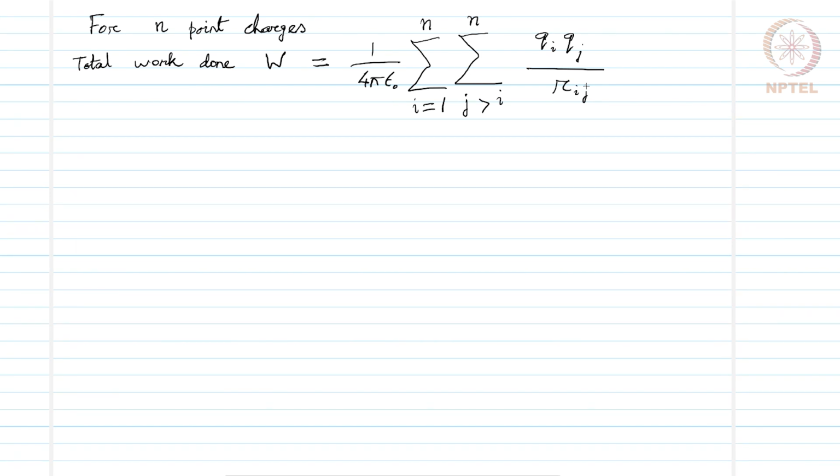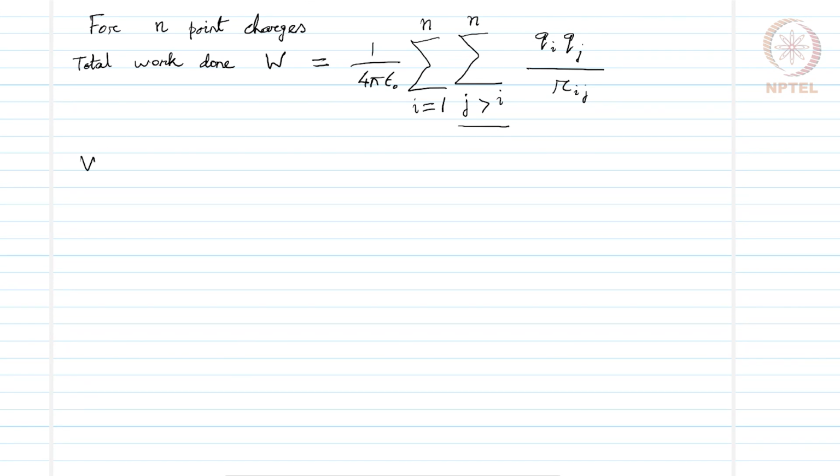Now, we can remove this constraint, that is j is greater than i, by introducing a factor of half, because if we remove this constraint, we will count each such term twice, and if we count it twice, we can adjust it by introducing a factor of half. But still we will have to consider that j is not equal to i.